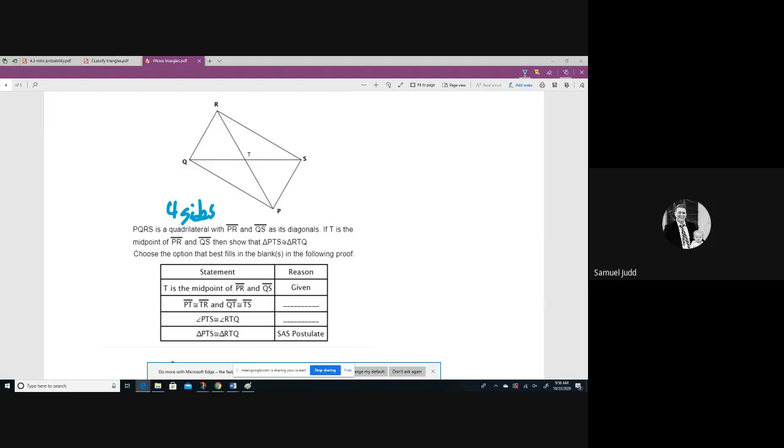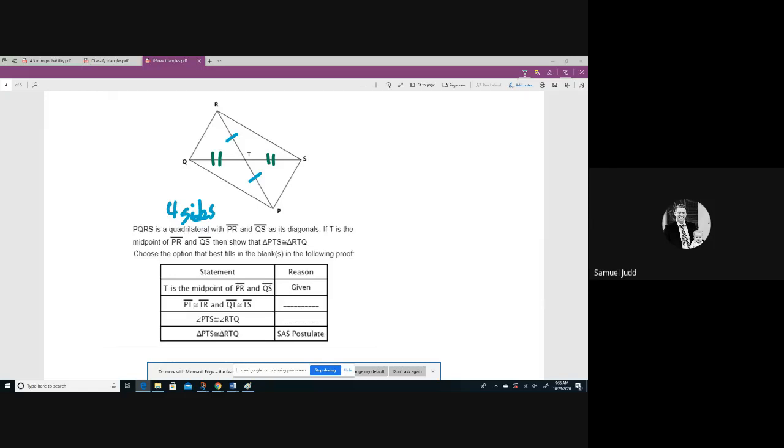So if it's a midpoint, then it cuts stuff in half, which means that this is congruent to this, and this is congruent to this. Which we're probably going to use here in a minute.